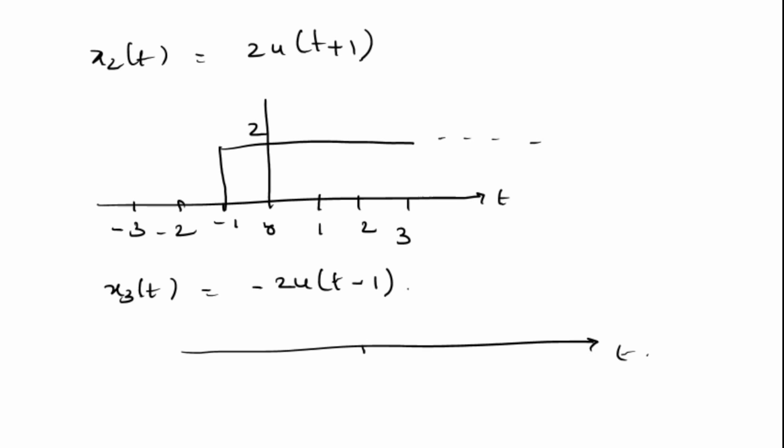Next, we have to draw x3 of t as minus 2 into u of t minus 1. This is 0, minus 1, minus 2, 1, 2, 3. T minus 1 given, that means it is started from plus 1 with amplitude minus 2.